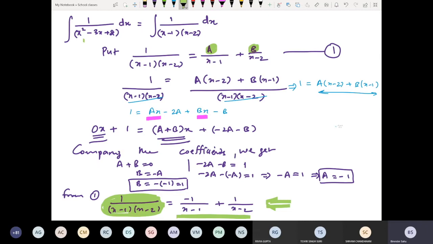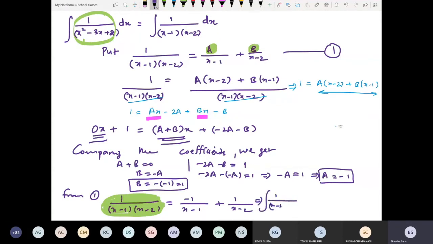So now this is the new integrand. Instead of writing the earlier integrand, we will be simply writing this integrand. Put this in integration, or you can just integrate both sides.